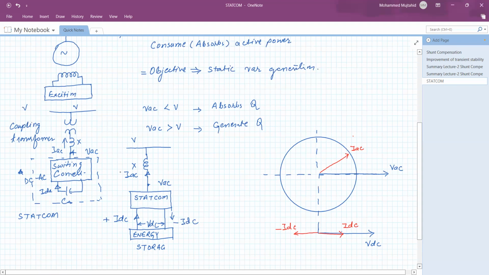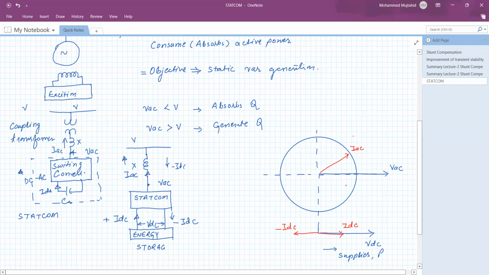Similarly, the current which is in this direction, it is supplying, is positive, and in the opposite direction, definitely it will be negative. So on this side it is the generation side for the DC, and this is the absorption side. Here it supplies active power P, and here it consumes or absorbs the reactive power.